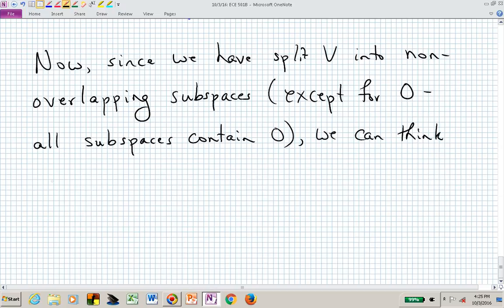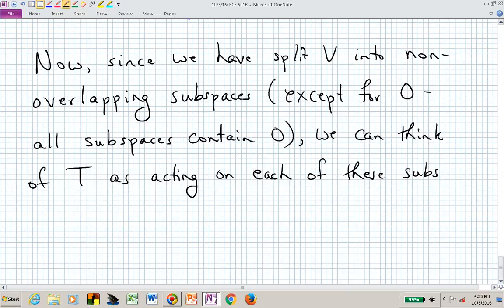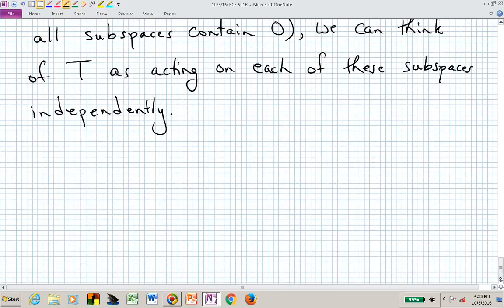We can think of this linear map T, which we've now specialized to being an operator, as acting on each of these subspaces independently. And the book actually uses a particular notation for that.